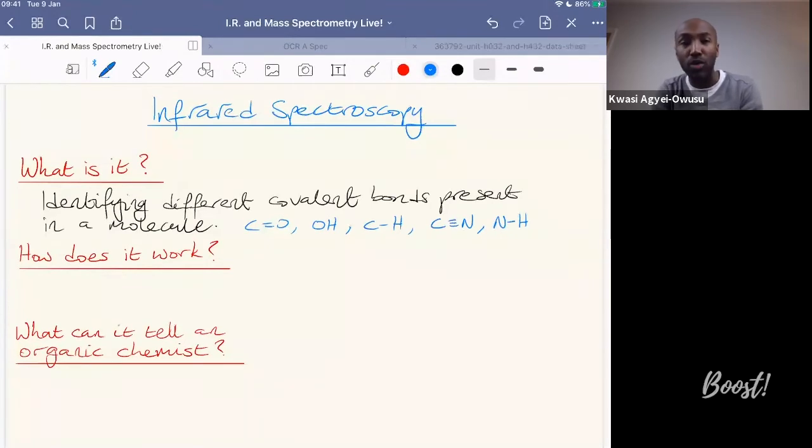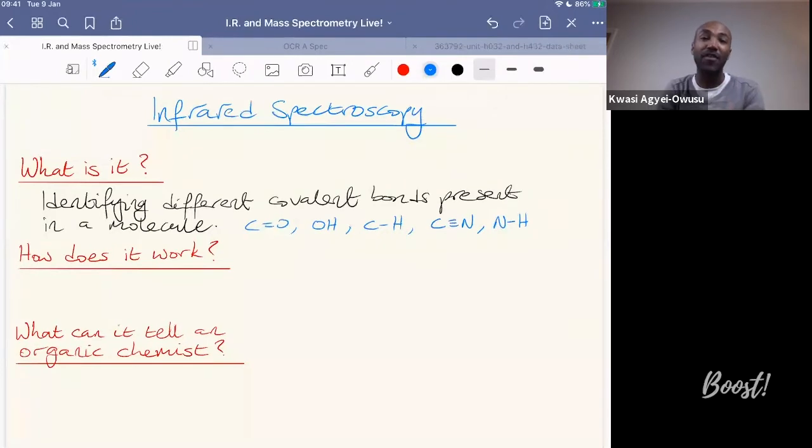So how does it work? Now, all bonds vibrate, so a good analogy for a covalent bond is to imagine a spring with two masses at either end. That spring vibrating between the two masses is what your covalent bond is.